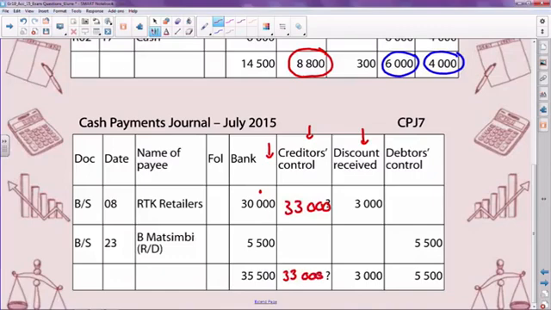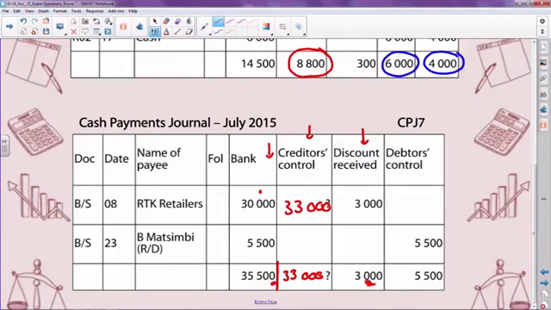Now, let's go and see if I draw a line here. If I equal now, remember, this 3,000 Rand here is not money. So if I say 33 minus 3, it gives me my 30, and then I've paid 5,500, or I did not pay, it was an RD check, so therefore I had to cancel the receipt in my bank column, and as you can see, 33 minus 3 plus 5.5 will equal my 35,500.